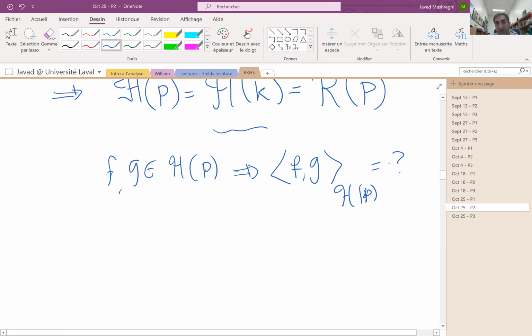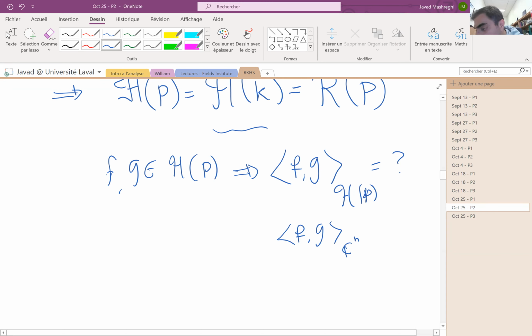Of course, they are vectors of dimension n, and we can do the inner product in Cn, but this is not necessarily the same as the other one. They are different.